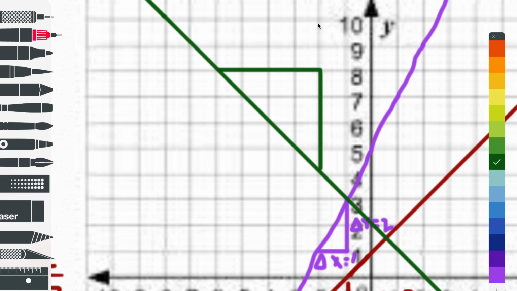So the change in x would equal 4, and the change in y would be equal to negative 4. So as you can see here, this is 4, negative 4.